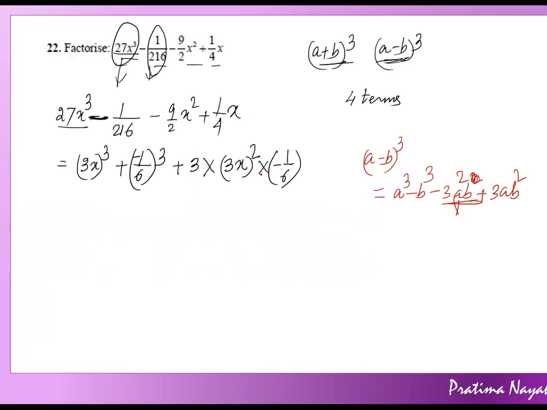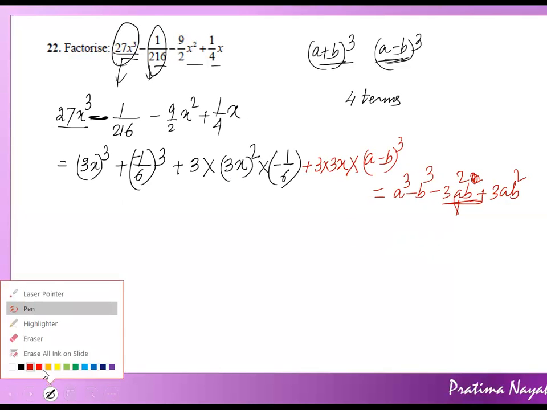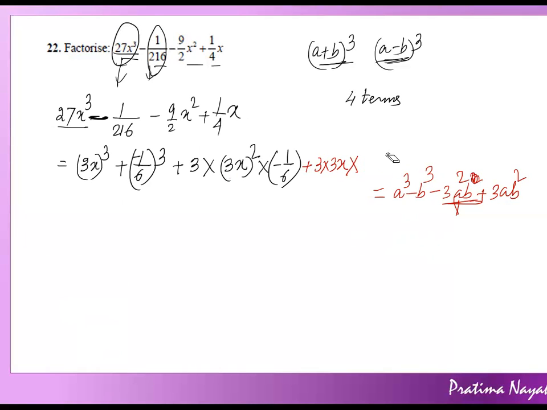So I wrote this one. So last will be 3 multiplies your first term once and your second term, how many times? It will be 2 times. So this will be minus 1 by 6 whole square. Only thing is to identify these two numbers whose cube is this, whose cube this, and with this the negative sign, then your thing is correct.